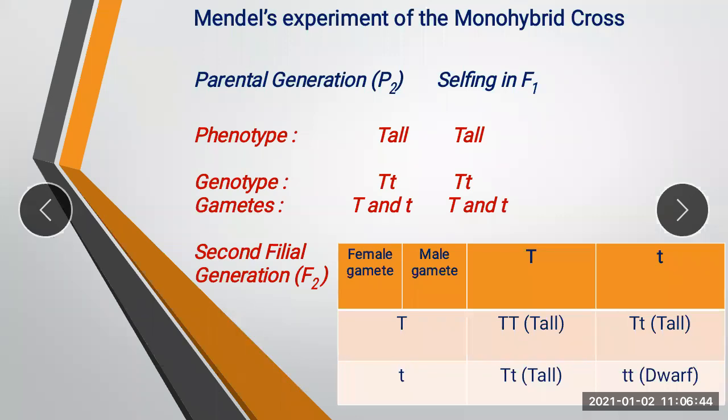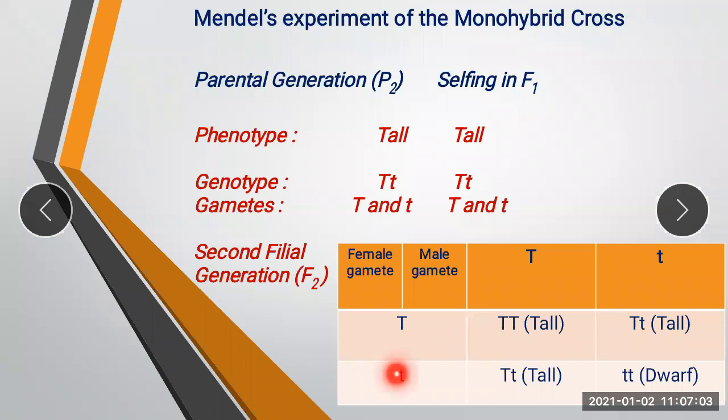Here you can see the combinations. This capital T and this capital T will come here. Then this capital T and small t will combine to form capital T, small t.